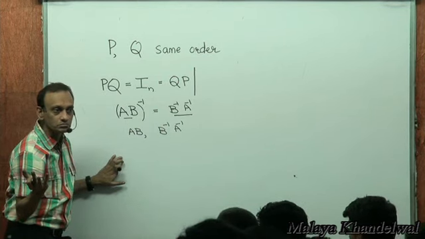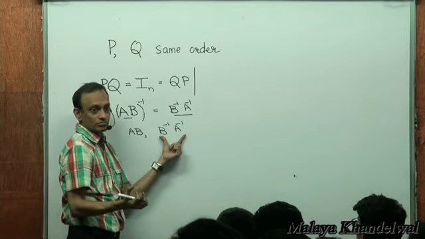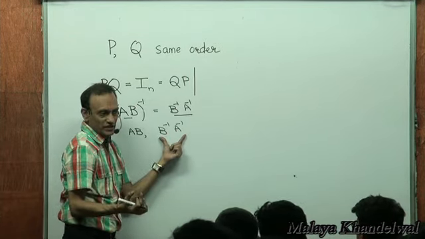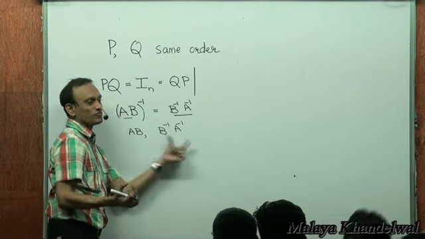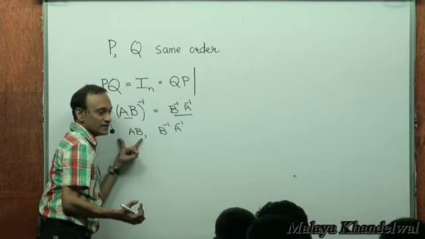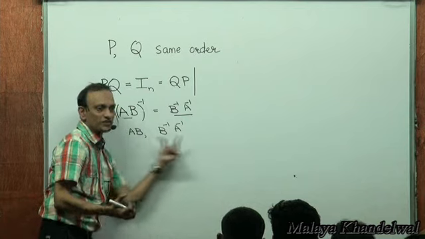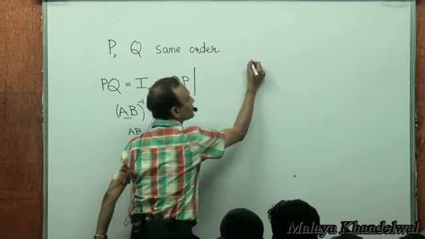Yes or no? Now if I multiply these two and I get an identity matrix, then they would be inverses of each other. The inverse of this will be this, and the inverse of this will be this. If their product is an identity matrix, then they will be inverses of each other. Right? Let's look at their product.